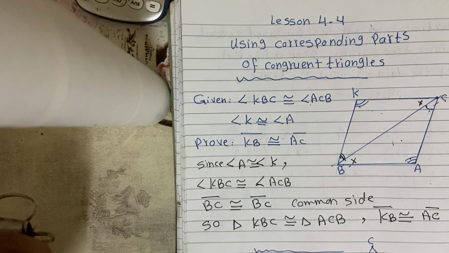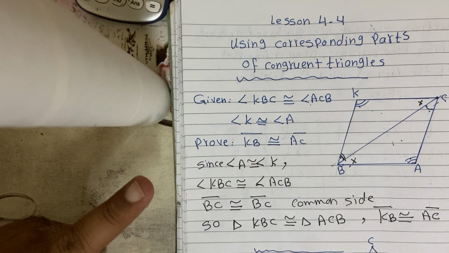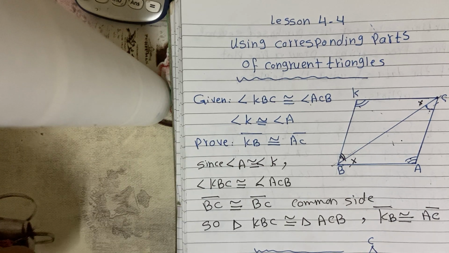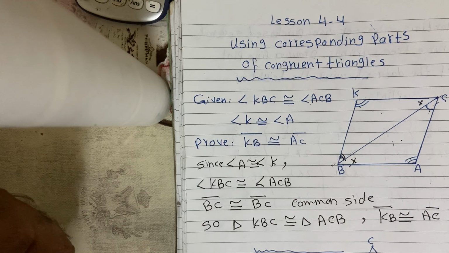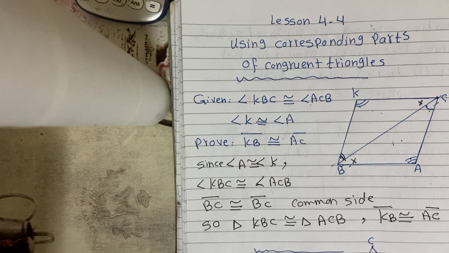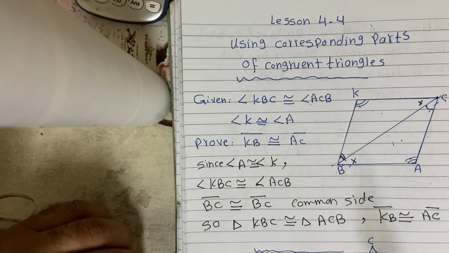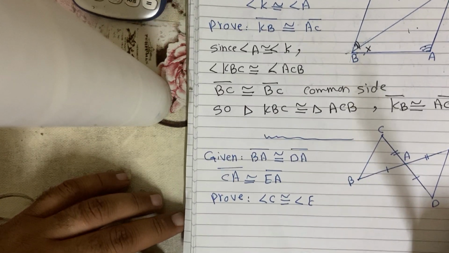So again, if you have two angles in the first triangle equal two angles in the second triangle, and you have a side in the first triangle equal a side in the second triangle, so the two triangles are congruent, even if the side is not joining between them.